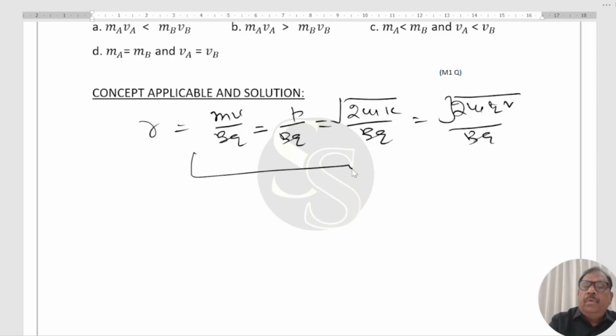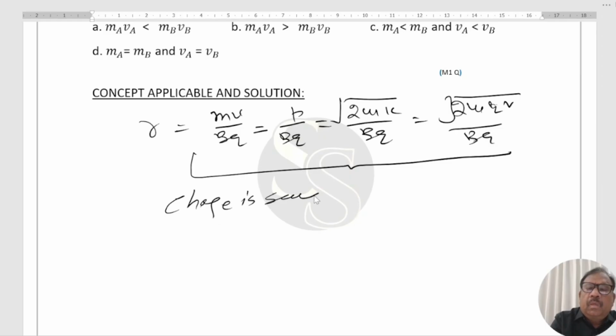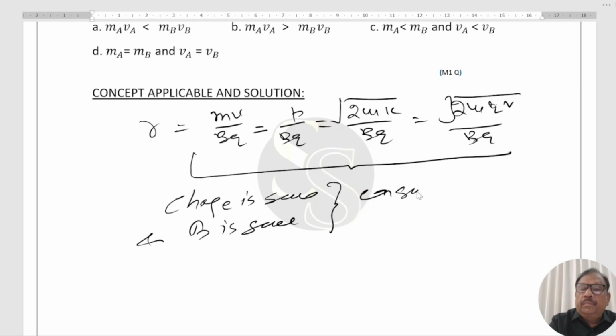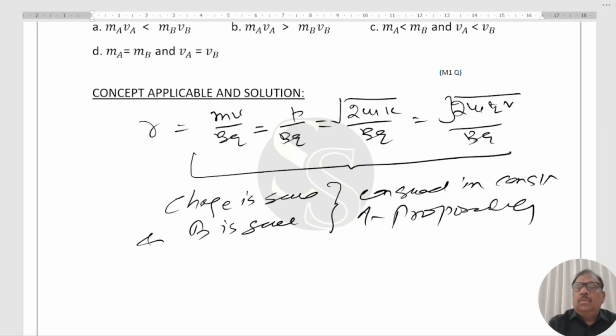You have to pick up according to the requirement of the question. In this case, charge is same, and B is same. Both will be consumed in the constant of proportionality. Right?